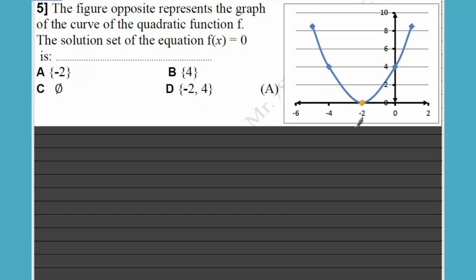This point has coordinates negative 2 and 0, and the x coordinate here equals negative 2. So the solution equals negative 2, and we choose letter A.